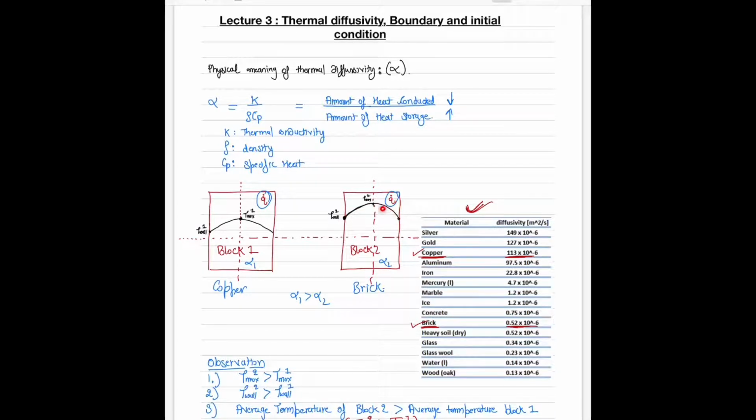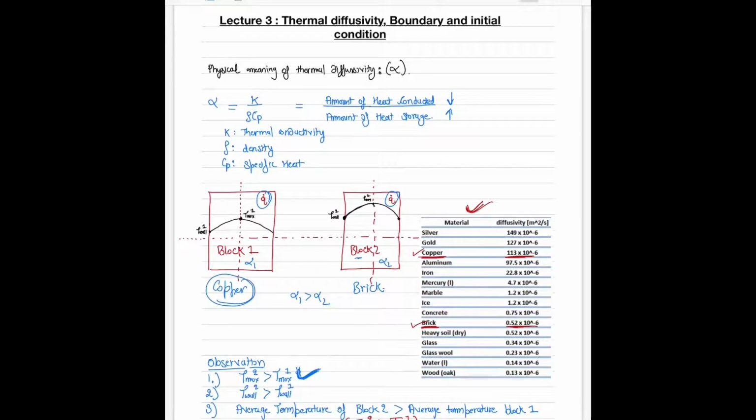But due to the difference in their thermal diffusivity values, the temperature profiles and their values will be different in both blocks, with a significant difference between the profile in block 1 and block 2. We will observe that the maximum temperature in block 2, the brick, will be higher than in the copper block.